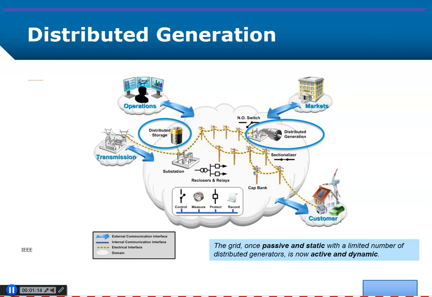DG resources encompass electricity storage technology as well, most important being batteries and flywheels. Hydrogen storage in association with fuel cells is also expected to play an important role in the near future. And we can say that the grid, once passive and static, as we see here, with a limited number of distributed generators, is now active and much more dynamic.